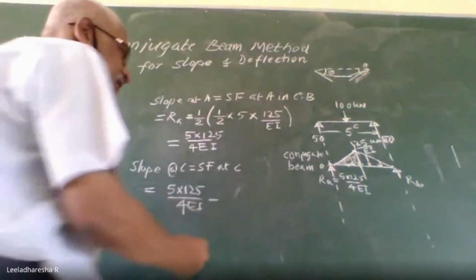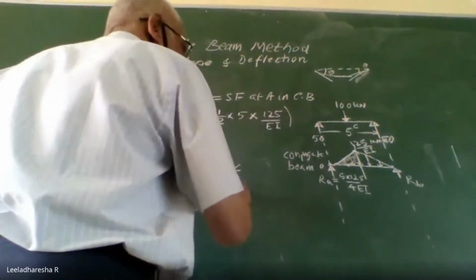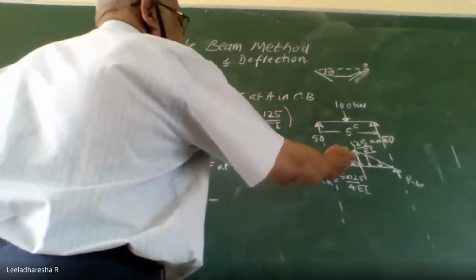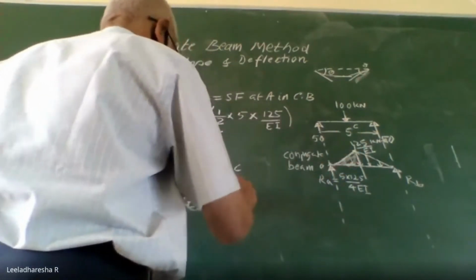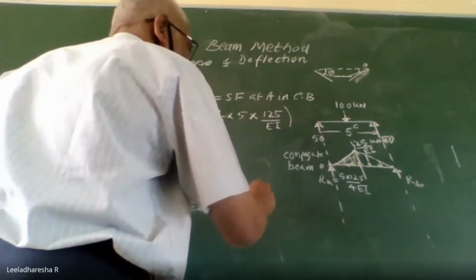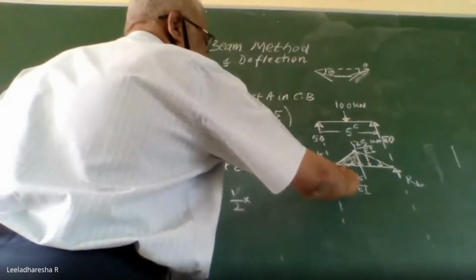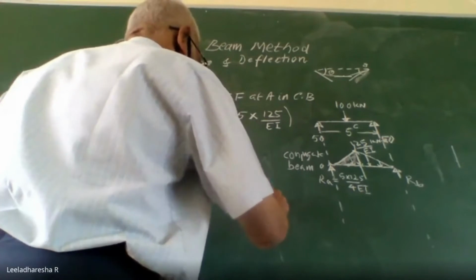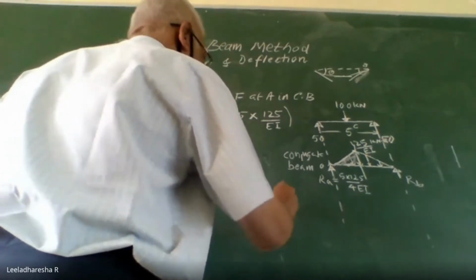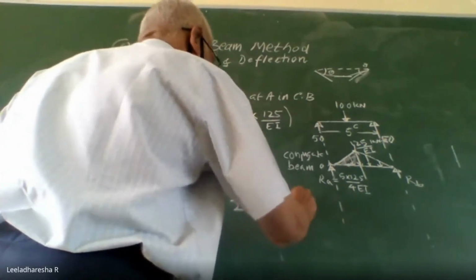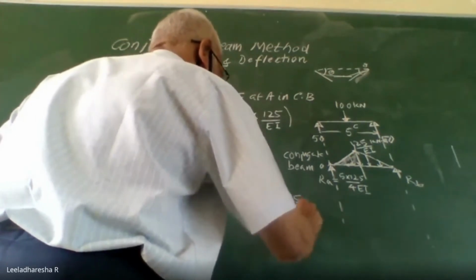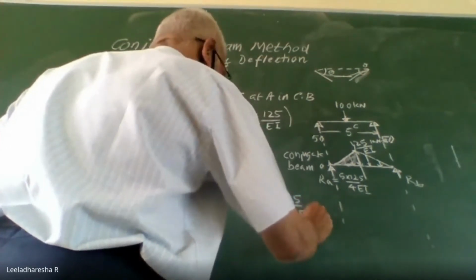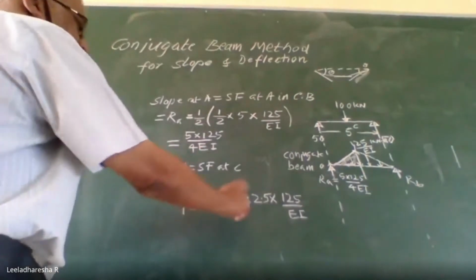So what will that be? Again, it is half into base into height. Half into base 2.5 meter, into height 125 by EI. Now you check it.